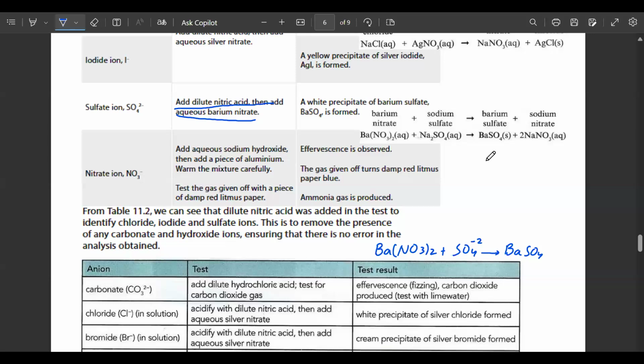So you can see here barium nitrate reacting with the sulfate.